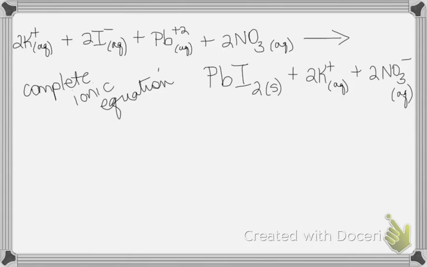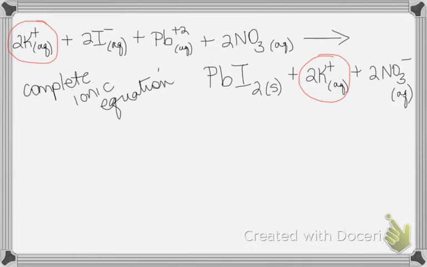Now look at it. Do you guys see that there's some stuff in that complete ionic equation that's on the left side, and the same exact stuff is on the right side? What are you talking about? Well, do you see that the left side of the equation has 2 potassium ions aqueous? And the right side of the equation also has 2 potassium ions aqueous, doesn't it?